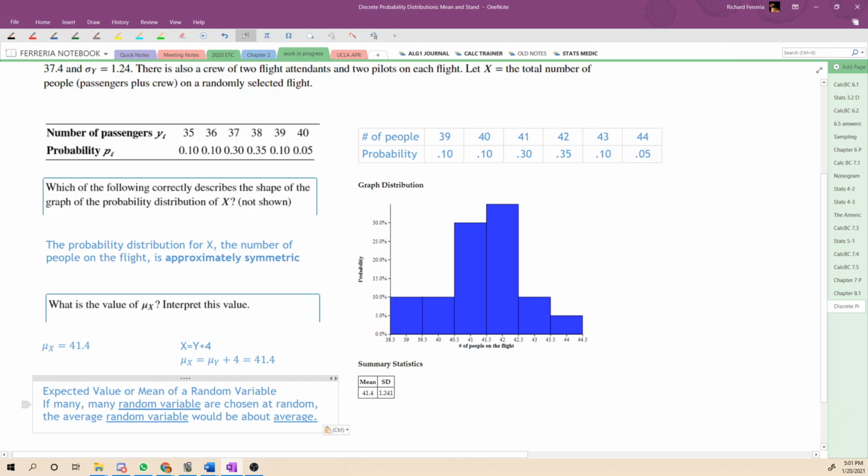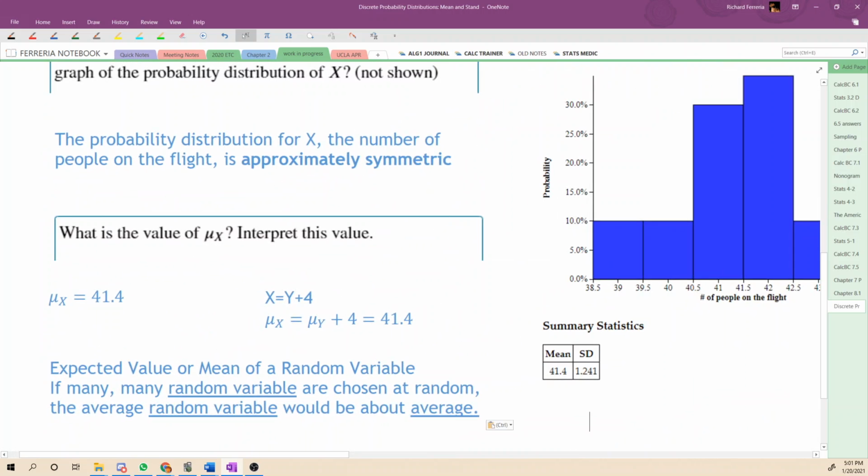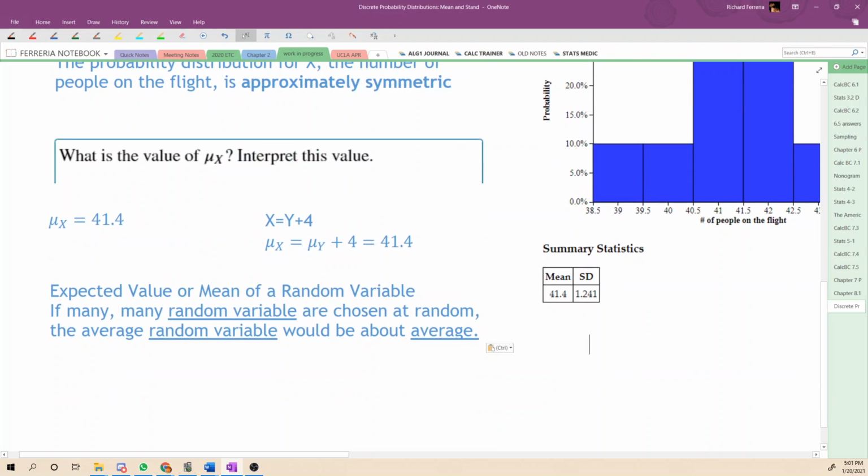And for that, I have a sentence frame that I use over and over again. And of course, I would share this with all of my students. If many, whatever the random variable is, are chosen at random, then the average random variable would be about the average. Now we're just going to fill in the blanks here.